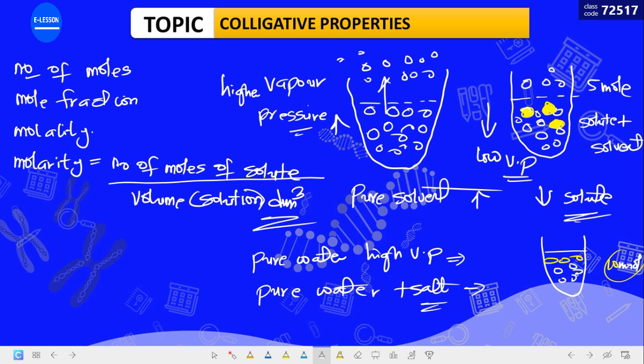Hence, the solvent cannot escape to exert pressure on the atmosphere. Is that understood? So that is the concept of vapor pressure lowering. The more the solute particles present in the solution, the lower the vapor pressure. Or we can say the higher the vapor pressure lowering. Because the higher the vapor pressure lowering, the lower the vapor pressure.